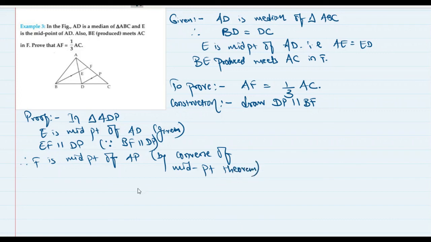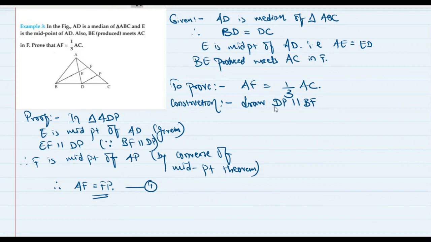And therefore, we can say that AF is equal to FP. Okay, so this is statement number 1.